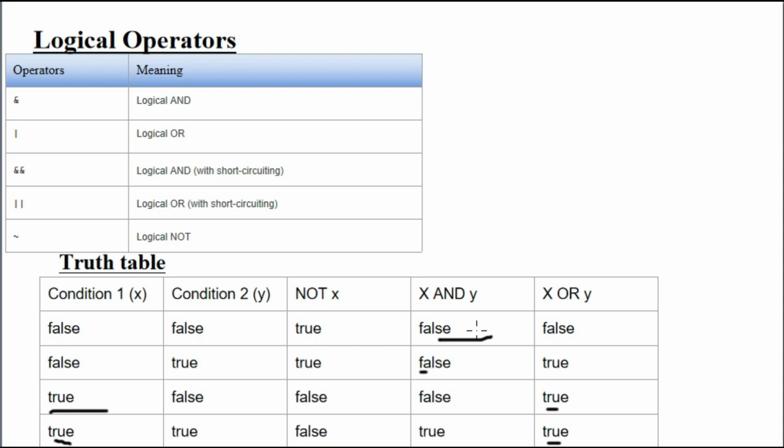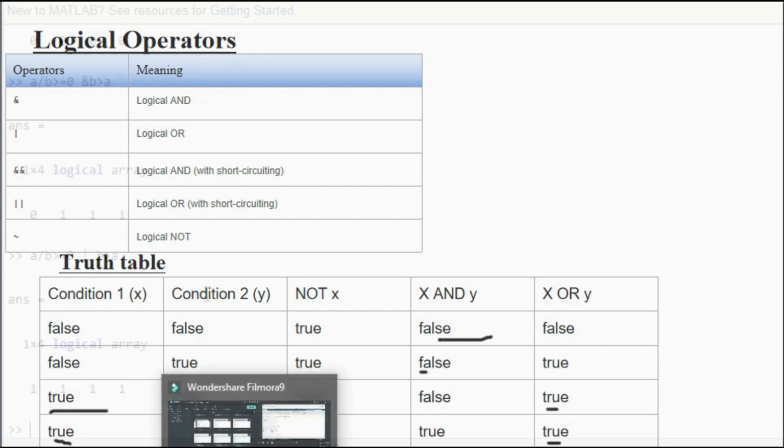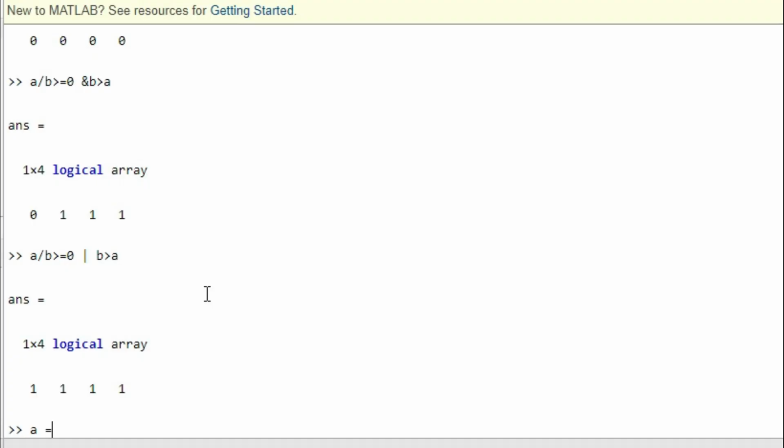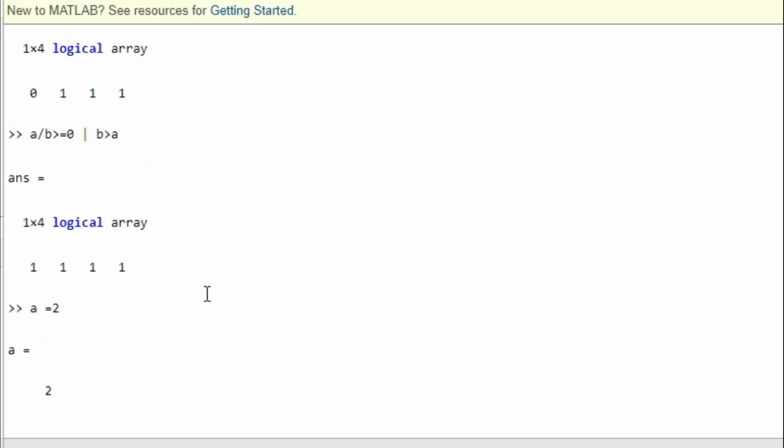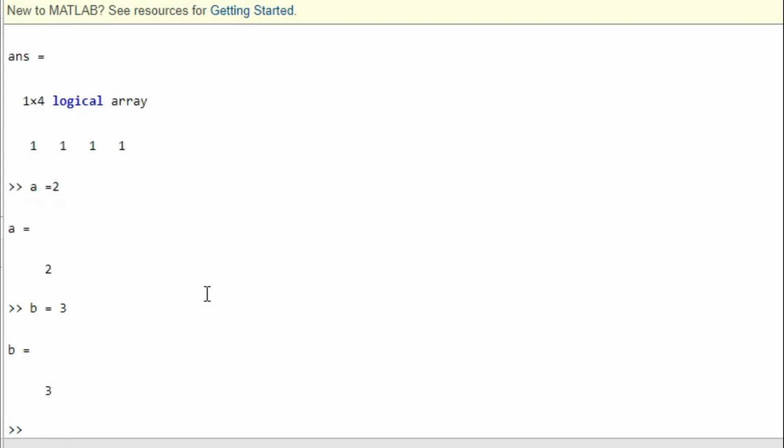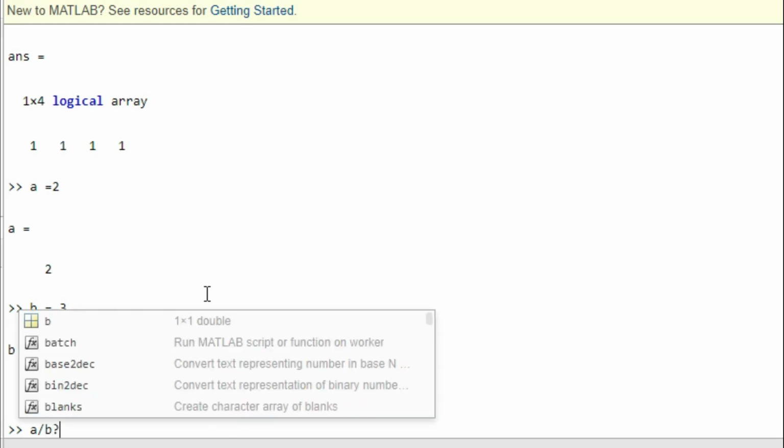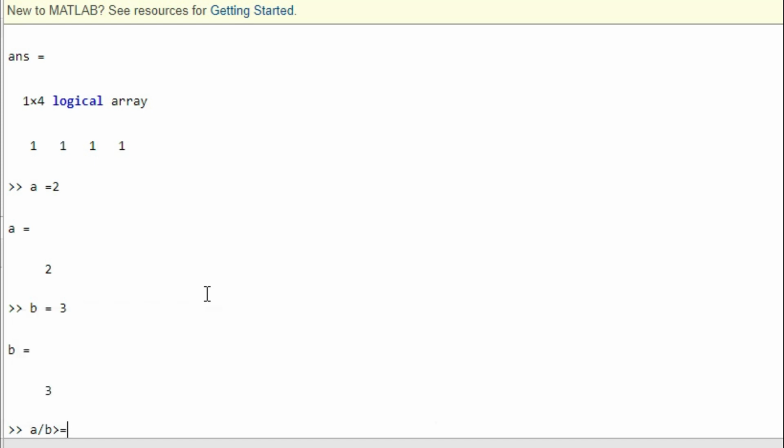So let's see examples of short circuiting logical operators. We have A equal to 2 and B equal to 3. Let's try A divided by B is greater than or equal to 0.